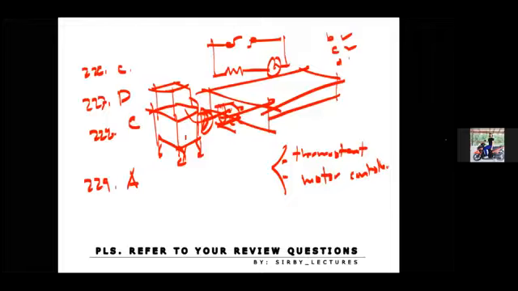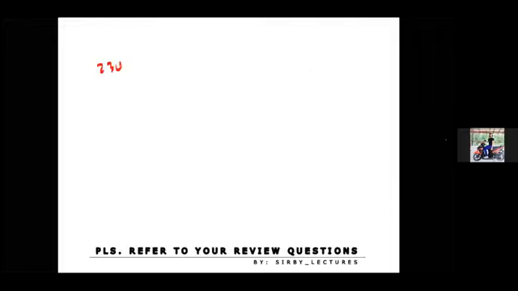Number 230. This is a part of a motor circuit where conductors are sized according to the current drawn by the motor. If you recall, let's say we have this electric motor, connected to an overload relay, then connected to a contactor, then connected to a circuit breaker, and then to the source.